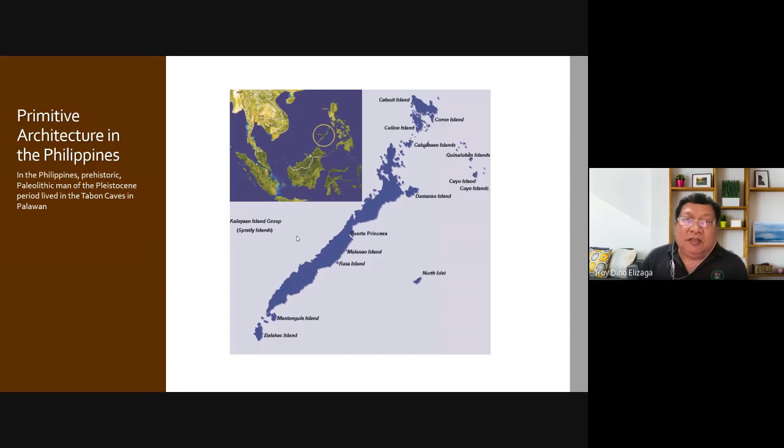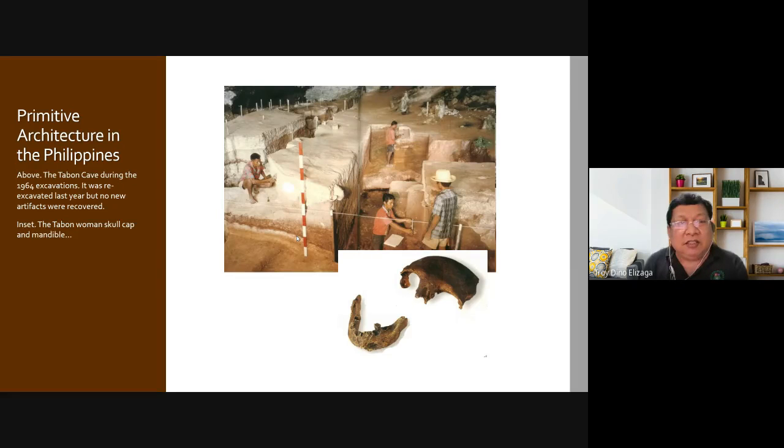We have actually an archaeological digging in Palawan because there was a discovery that dates back to the Paleolithic man of the Pleistocene period. That's really way back. That discovery is a woman's skull cap and a mandible, the jaw.